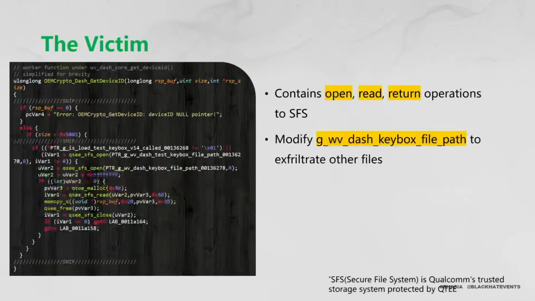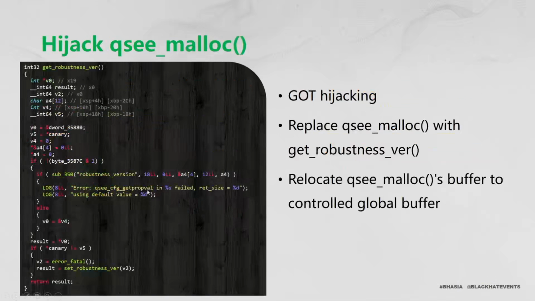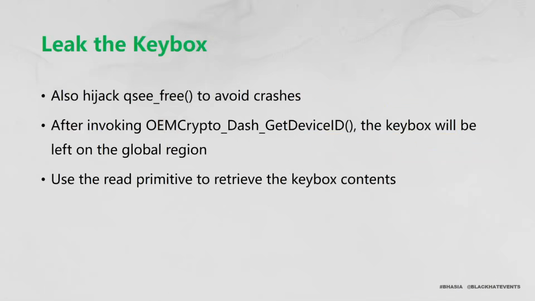So when the malloc happens, it will return a buffer located in the global region that is readable for us, and then the file content will be copied to that place. And finally, we'll use a read primitive to retrieve the file content from that location.